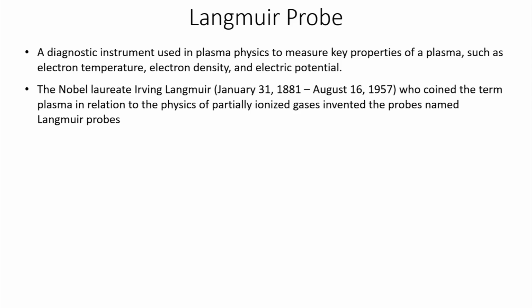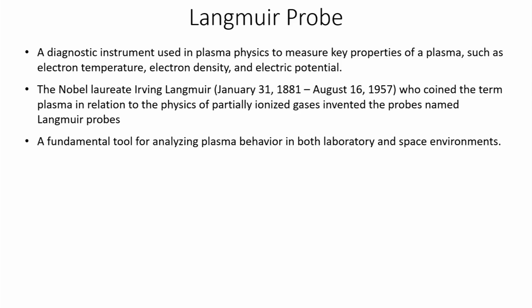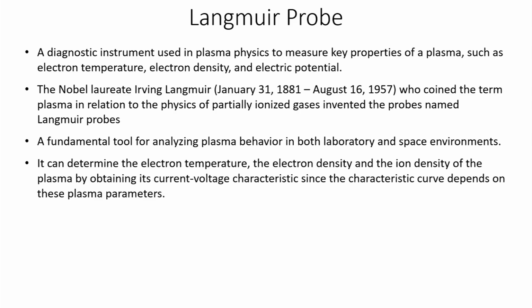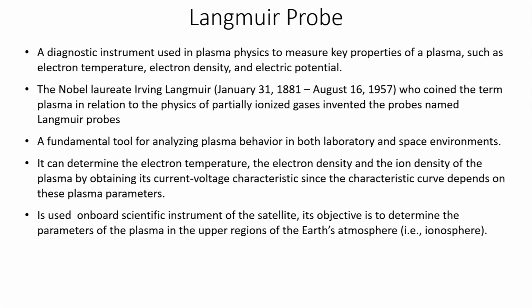It is a fundamental tool for analyzing plasma behavior in both laboratory and space environments, and it can determine the electron temperature, electron density and ion density of the plasma by obtaining its current-voltage characteristics, since the characteristic curve depends on these plasma parameters.